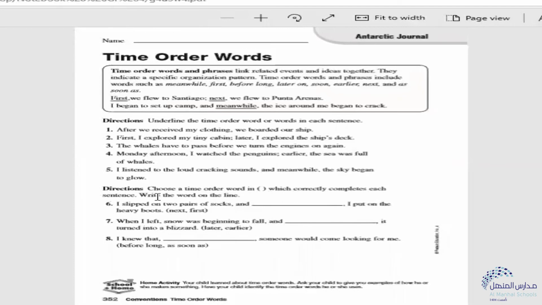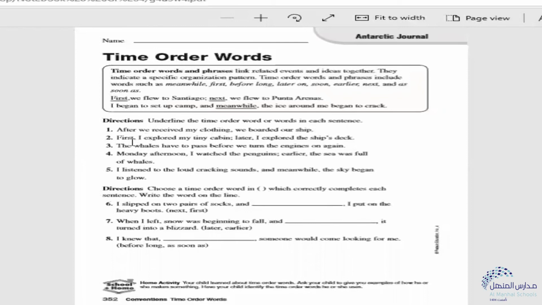So I'll just run through the first five sentences here and identify which words are the time order words in the sentences. Number one, after we received my clothing, we boarded our ship. So the word telling us more of the arrangement of the sentence is after.